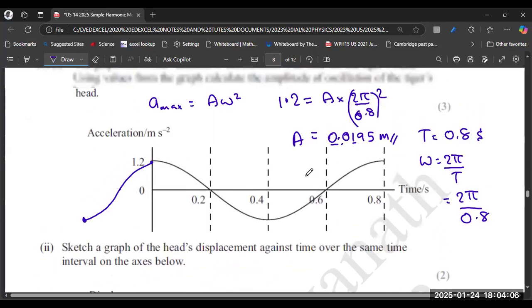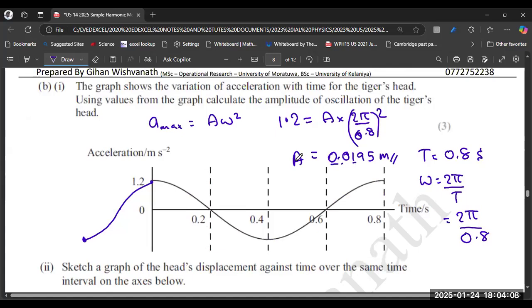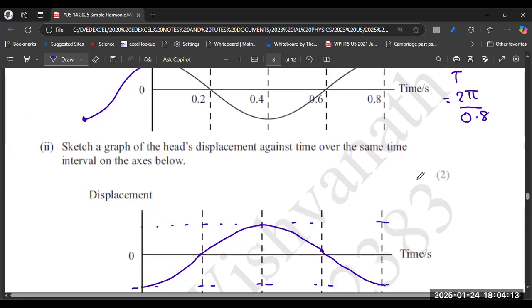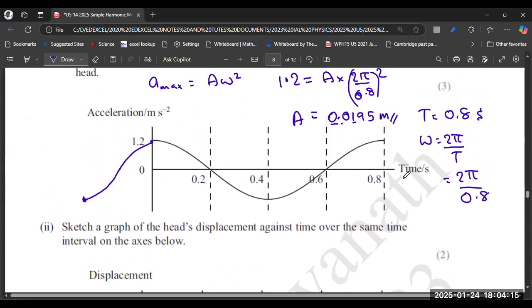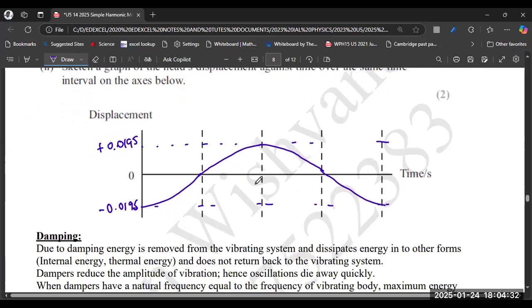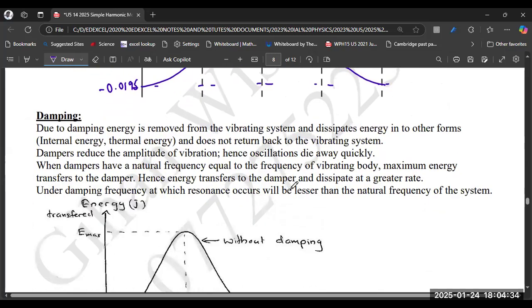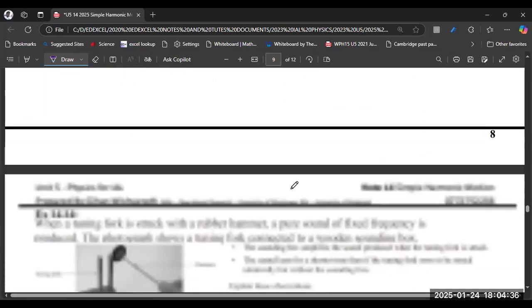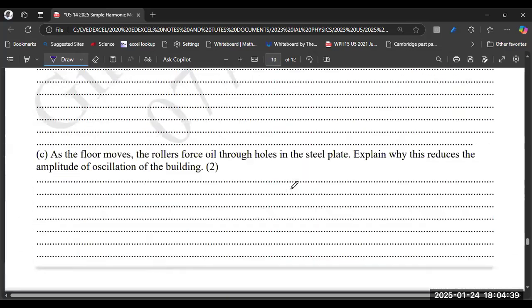We have the possibility of finding the maximum displacement because 2 marks are there. We found 0.0195, which is plus 0.0195. Done.